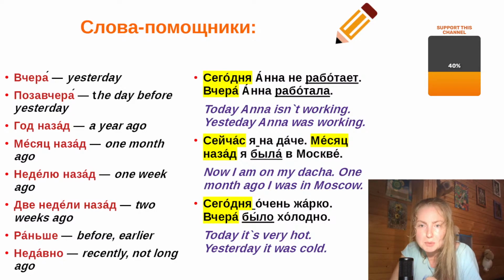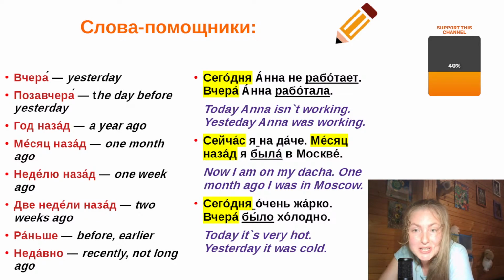So what happens in the present tense? Why don't we have the verb to be? You can ask. That's a very good question. I will answer: the Russians don't use the verb to be in the present tense.